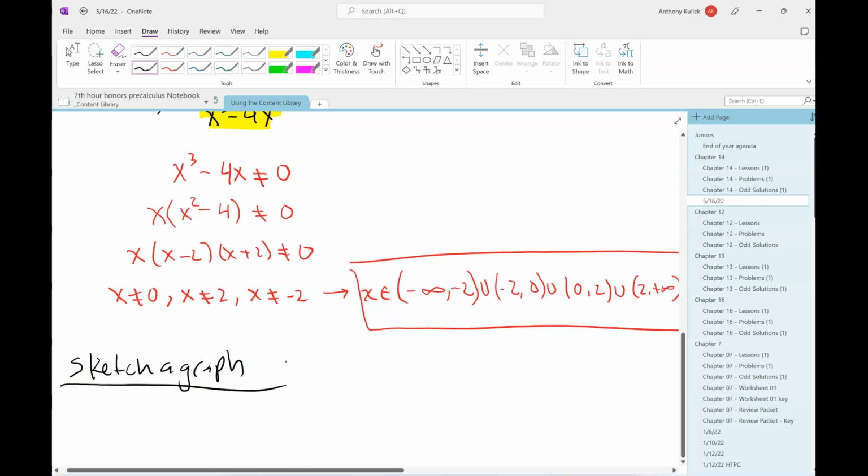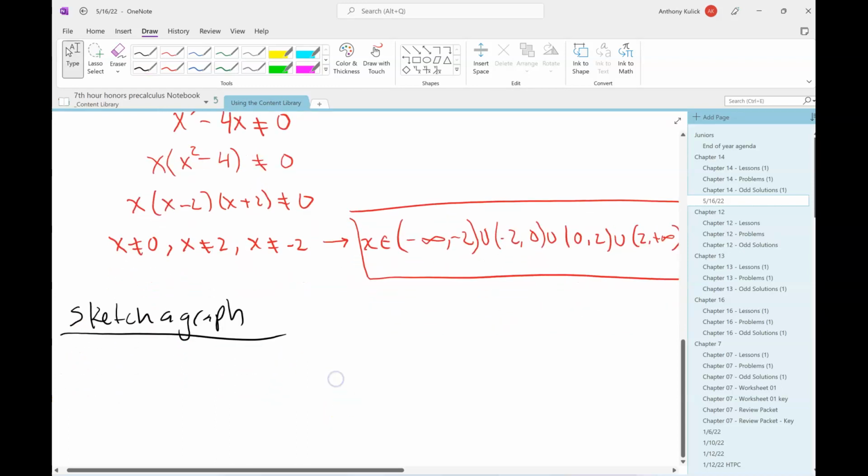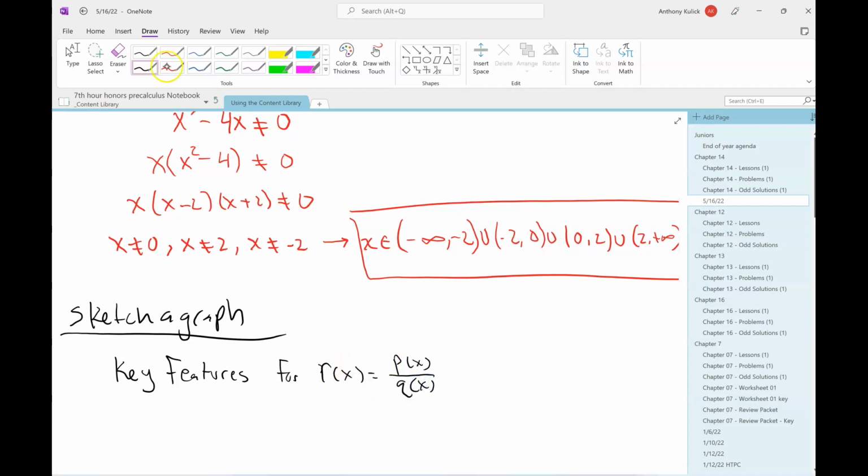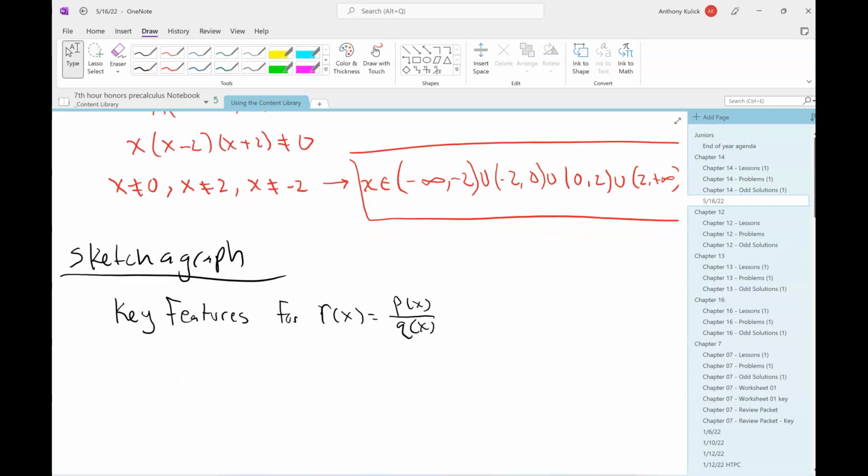The next thing we'll be talking about is sketching a graph. To sketch a graph, we're going to just worry about some key features. There's going to be 5 key features that we're going to worry about here when we're sketching the graph for a rational function.